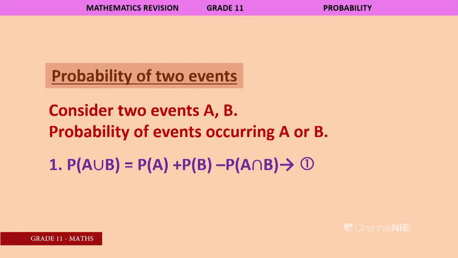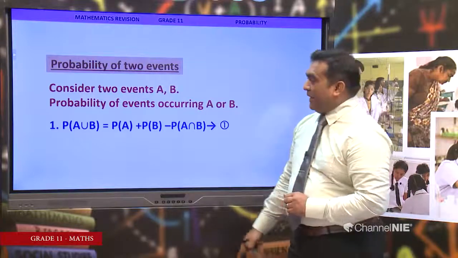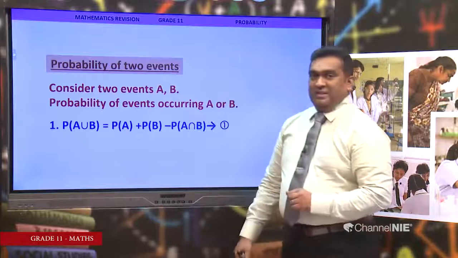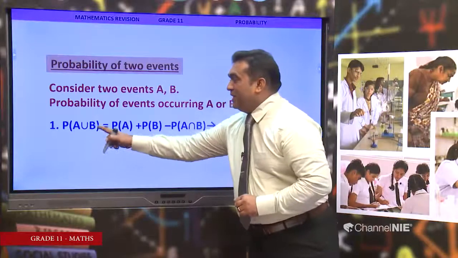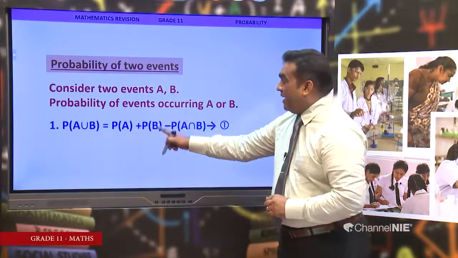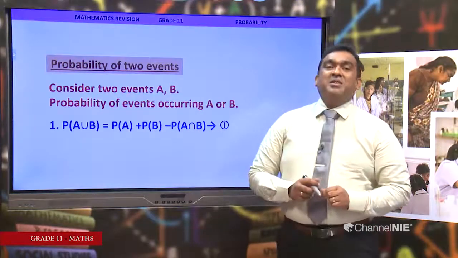We'll name this as our first equation. This is the probability of two events. Then you can change the events as X union Y: P(X union Y) is equal to P(X) plus P(Y) minus P(X intersection Y).